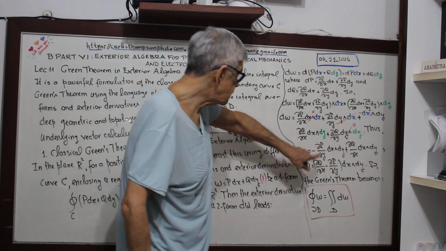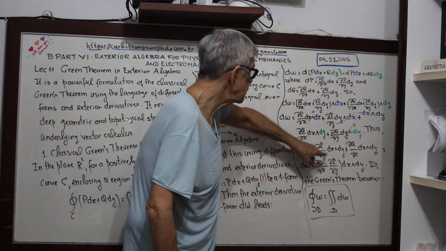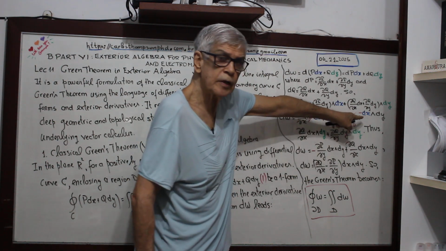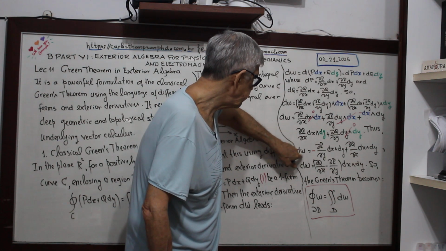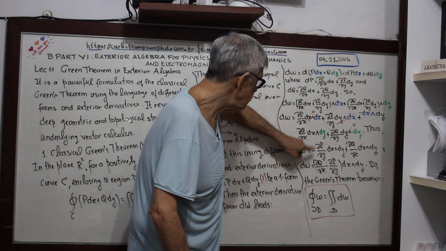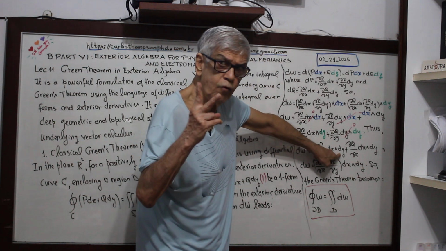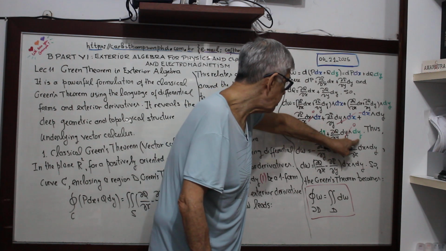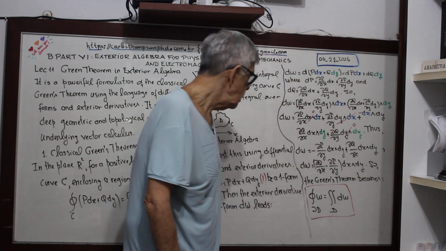Then I substitute. Remember this minus sign here, it is exactly this minus sign over there. So the two form d omega is minus partial of P with respect to y, dx wedge dy, plus partial Q with respect to x, dx wedge dy.